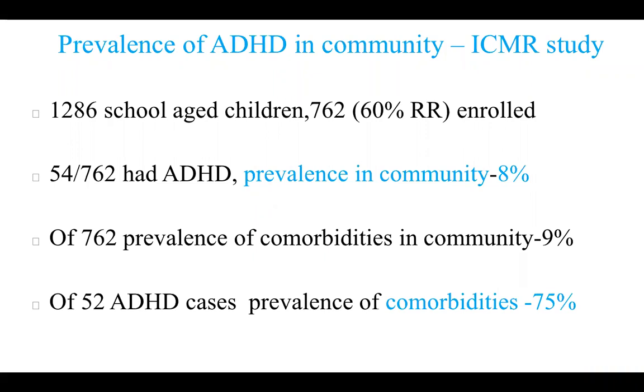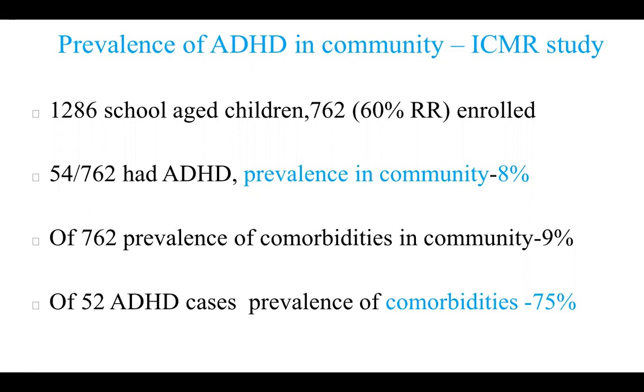We found that the prevalence in both settings was about 8%, which is similar to the Western literature. And of course, as we discussed in the previous two sessions, a neurodevelopmental condition never comes alone.